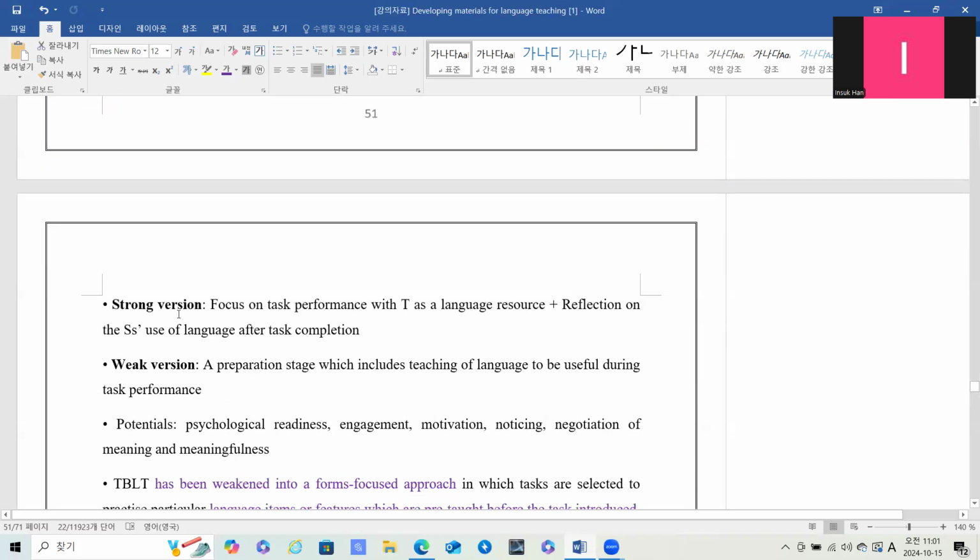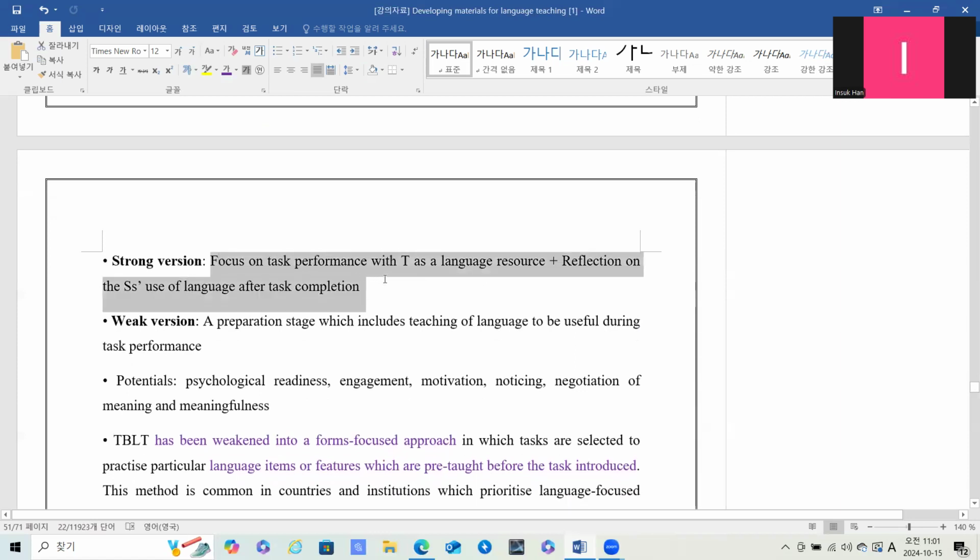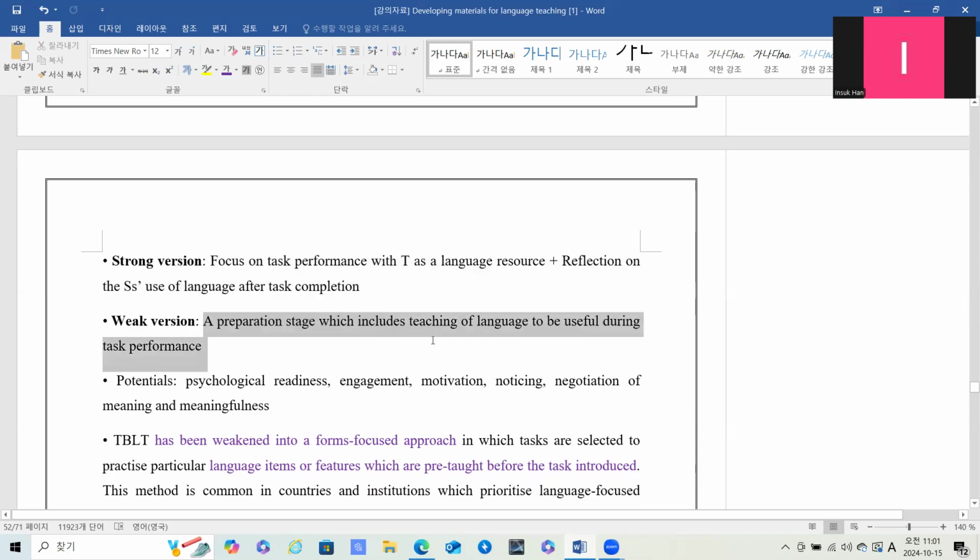There are two versions of TBLT. The strong version focuses on task performance with teachers as a language resource, plus reflection on students' useful language after task completion. The weak version has a preparation stage which includes teaching of language to be useful during task performance.